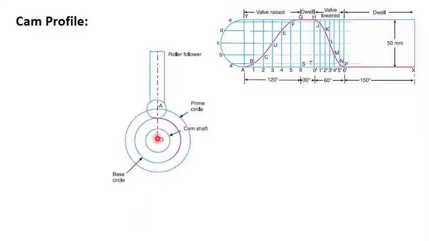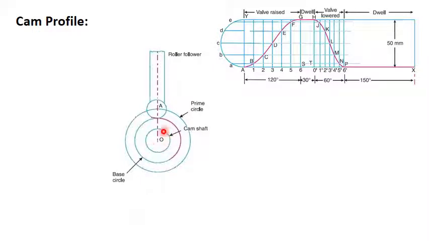Next we'll draw one more circle passing through the center of this roller. Using a compass, taking this as center and radius up to the center point of the roller, I will draw this circle, which is called the prime circle. Now all the distances of the follower will be measured from the prime circle only. Now this is a camshaft.